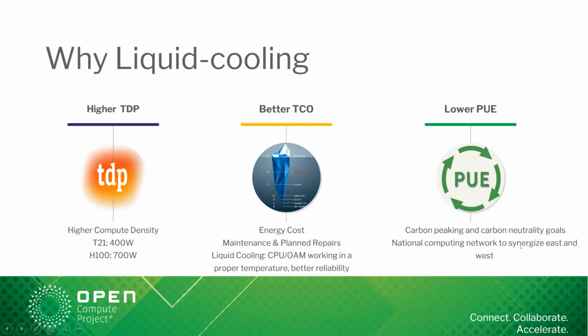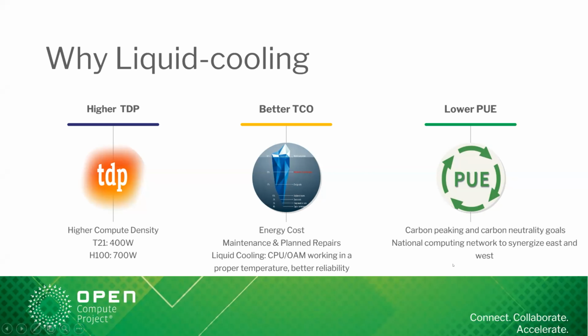I guess most people know that here we have a large population in the East, which means the data is mostly located here. But in the West, we have a lot of free cooling. So it is to create synergy here. We plan to build a lot of the national computing network in the West.